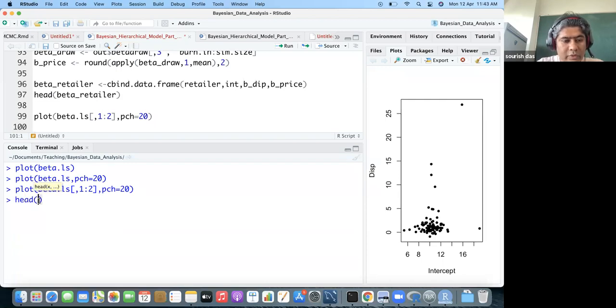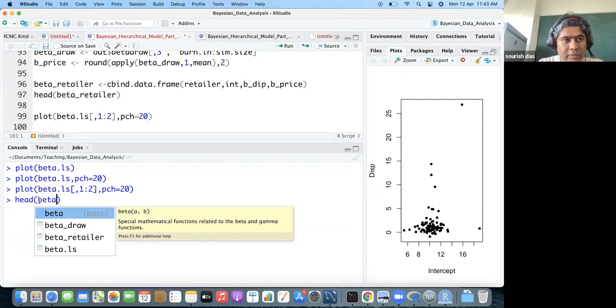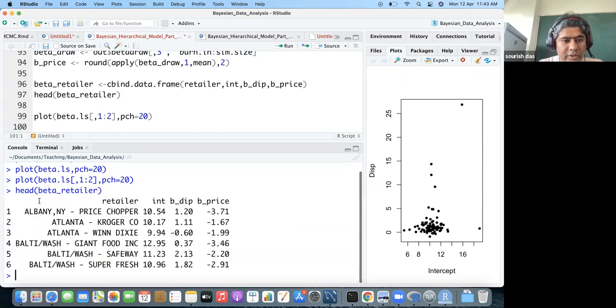Then the head of beta_retailer: first is intercept, display activity, and price.